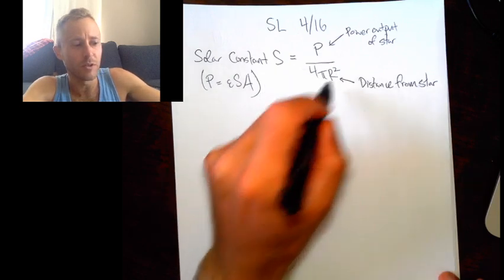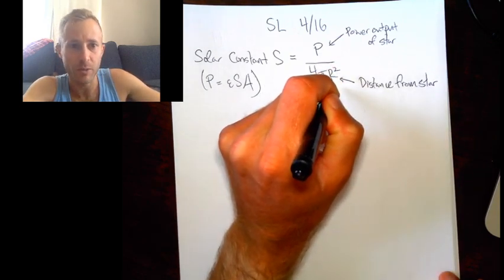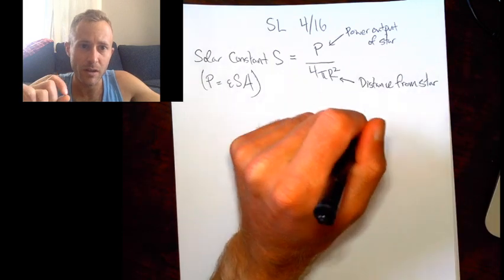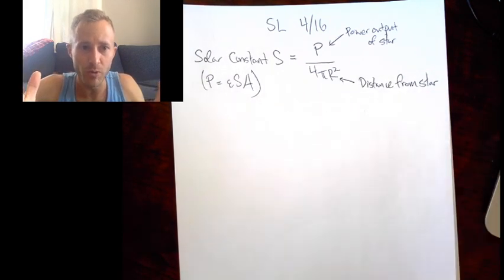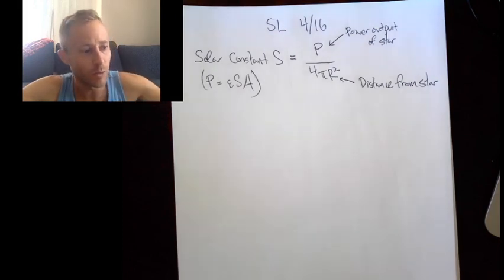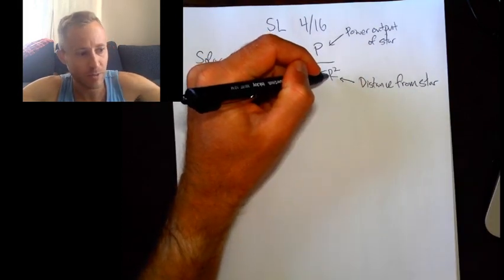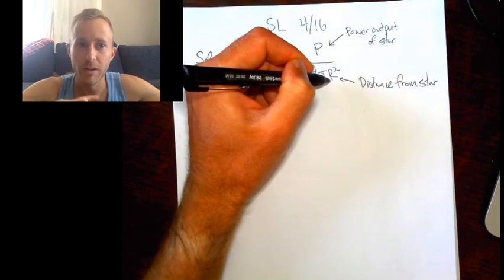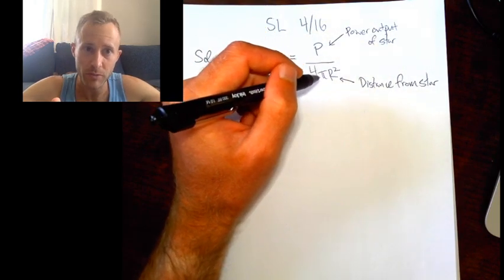It's important to know this 1 over R squared factor. So what that means is that, for example, if we moved to half the distance to the sun, then we would square that 1/2. It would be like 1 over 1/2 squared. We get 4 times the solar constant.